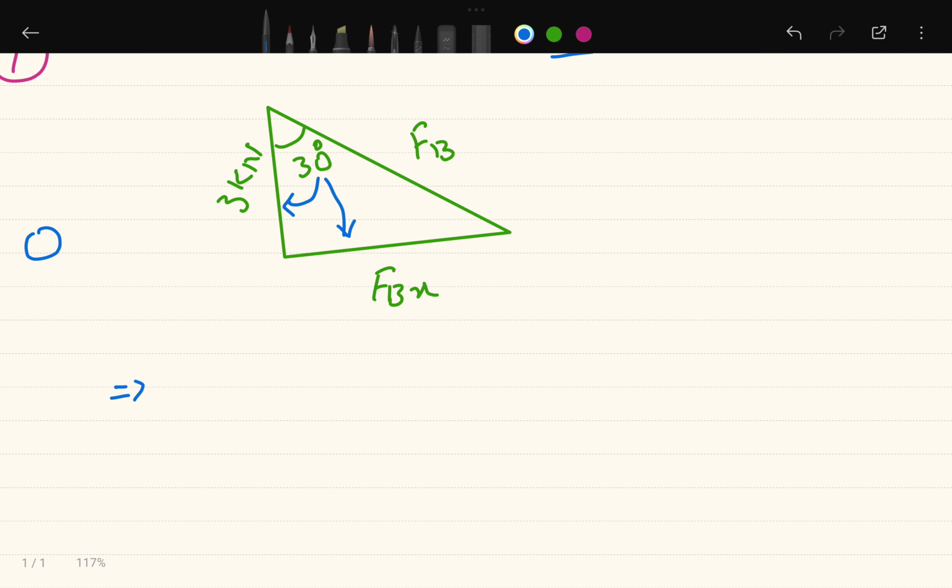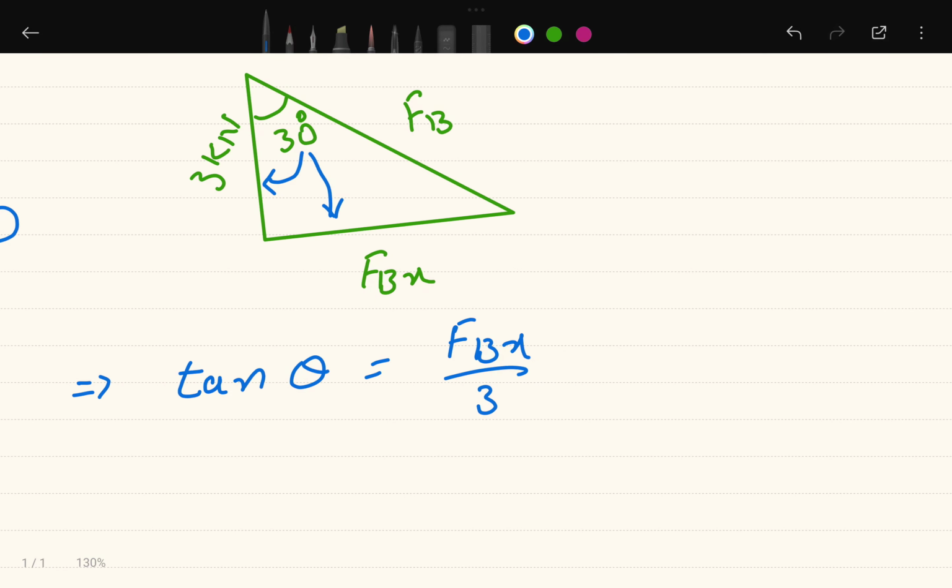One is the cot theta, and then we have a tangent theta that is involving these two sides. So tangent of theta will be equal to perpendicular by base, or some people call it adjacent, whatever you call it, up to you. So this way you can actually find out FBX, which is 3 tangent of theta, in this case 30.